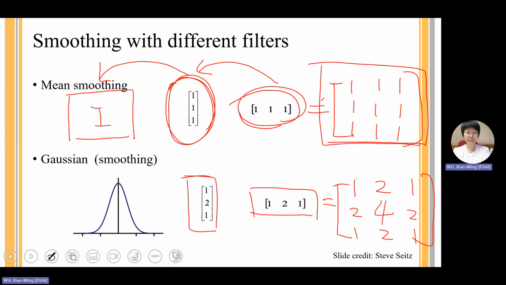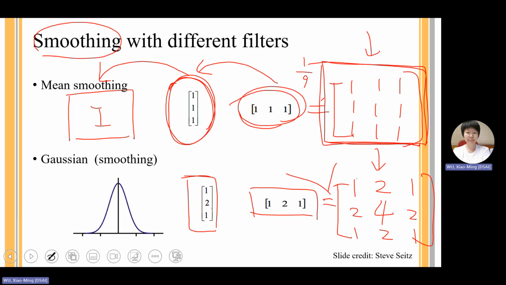So typically we have two smoothing filters. This one is the moving average filter. Of course, there's a normalizing factor 1/9. So this is the so-called moving average filter. Yet this is the Gaussian filter. What will be the normalizing factor for the Gaussian filter?